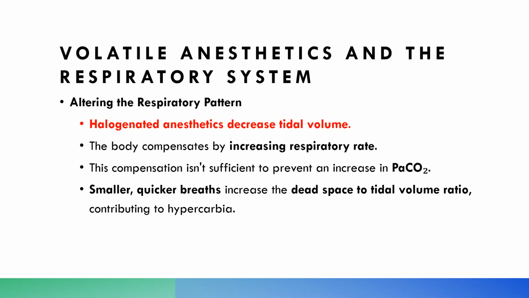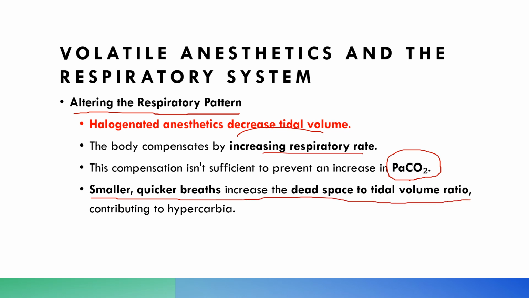So volatile anesthetics alter that respiratory pattern, meaning they decrease tidal volume and increase respiratory rate. Even though that increased respiratory rate is there, it does not compensate enough to prevent an increase in our CO2. Smaller, quicker breaths increase the dead space to tidal volume ratio, contributing to hypercarbia as well.